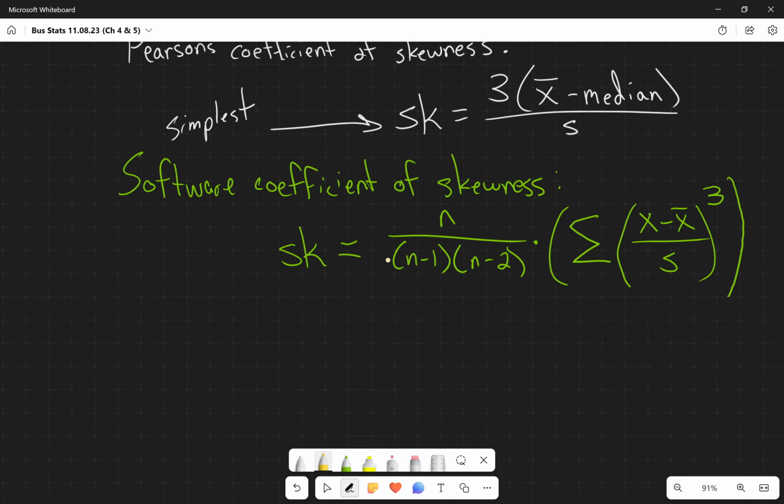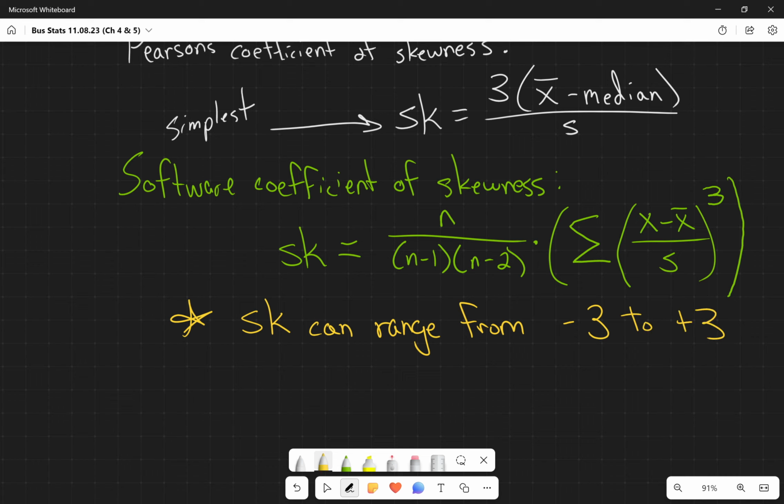Now, some characteristics of our skewness. The coefficient of skewness, this SK measure, can range from -3 to +3. A value of -3 tells me there is significant negative skewness.